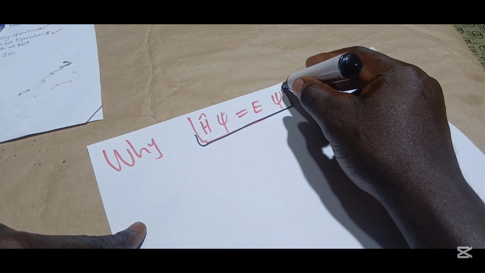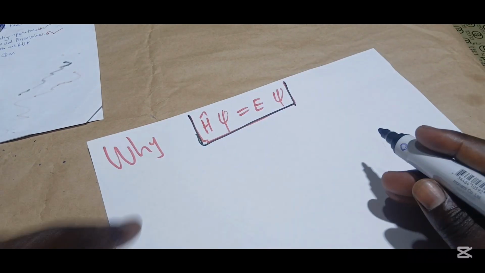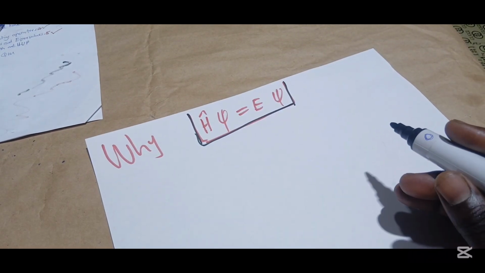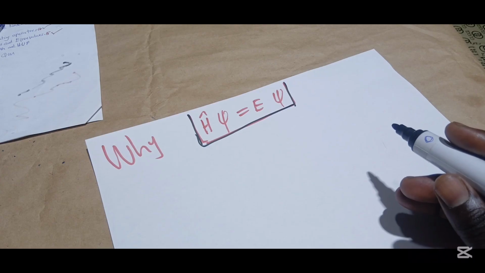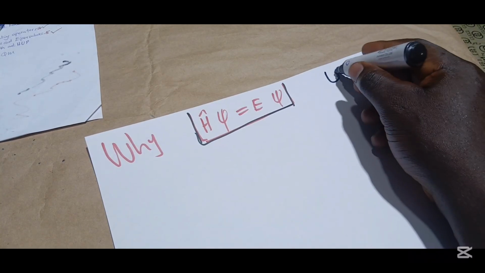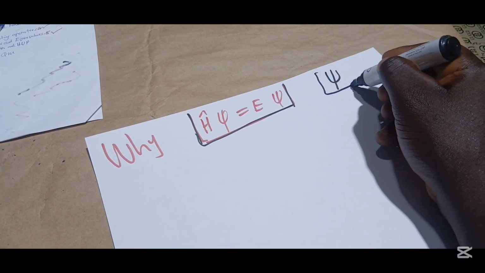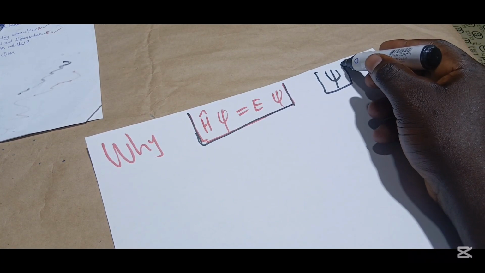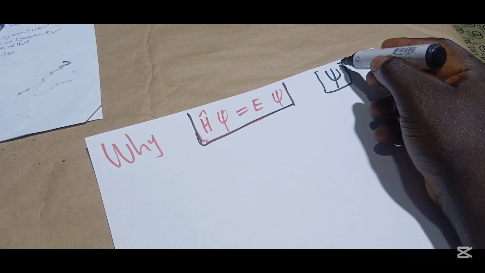So there is a need for us to know eigenvalue equations, because in quantum mechanics we are not dealing directly with the observable, but we are going to have a wave function that can lead us to measuring the observable.